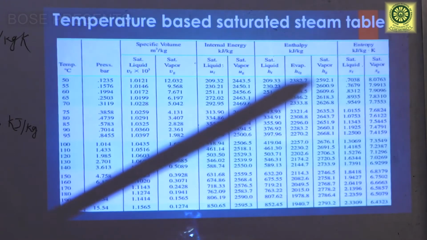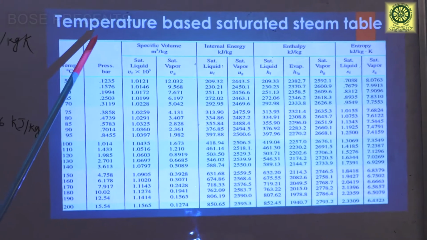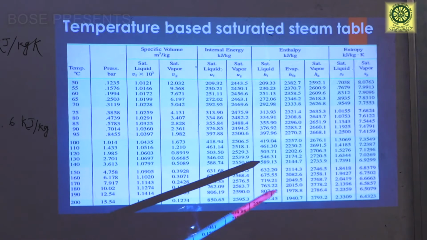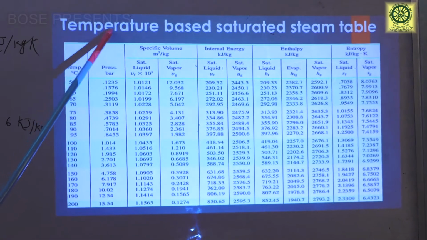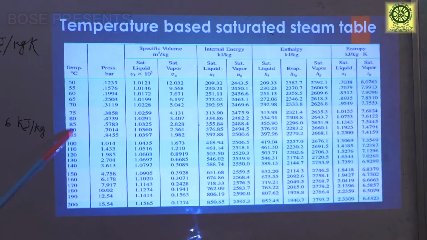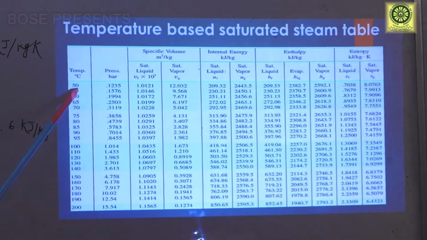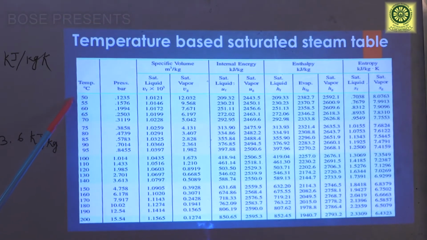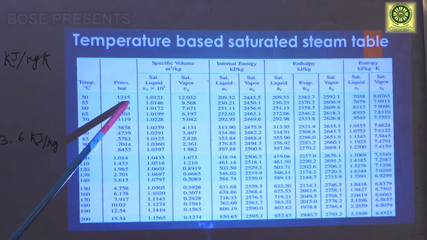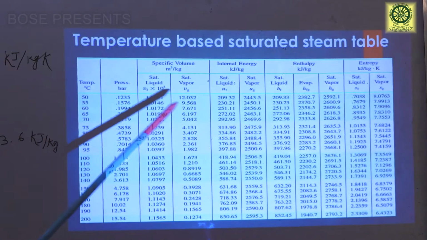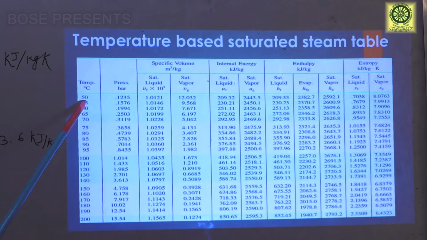So let me now show you the steam table. This is one temperature based saturated steam table. Temperature based means your entry is temperature. That means temperature here is the independent variable, and depending on temperature your other properties are written. As I have mentioned, for a particular temperature a pressure is fixed.